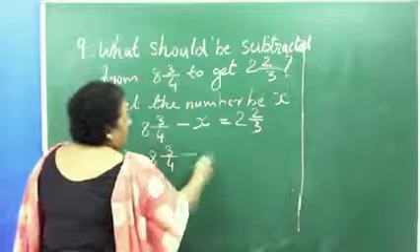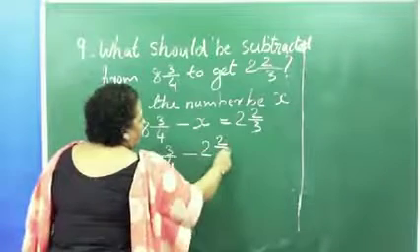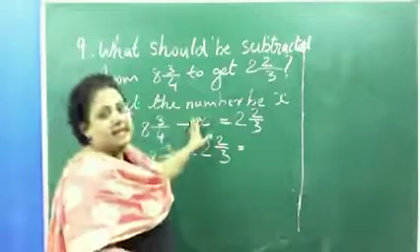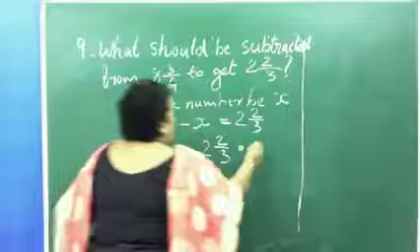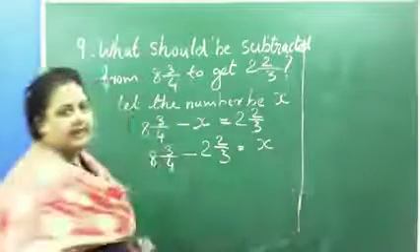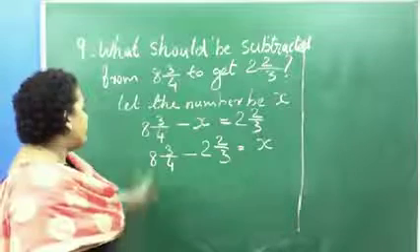So it becomes 8 3 by 4, a positive fraction, and this one we take to the other side, so it becomes minus 2 2 by 3. When we take x, which is negative, it becomes a plus sign. I hope you got it.